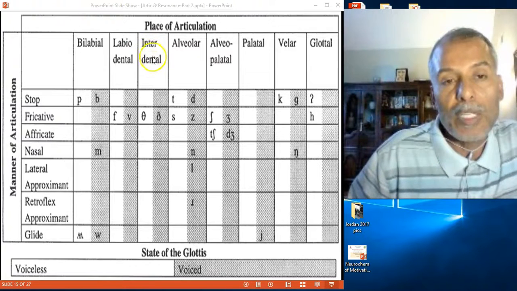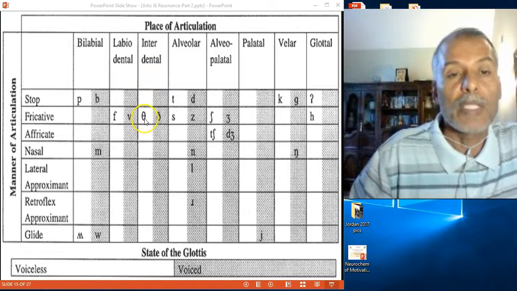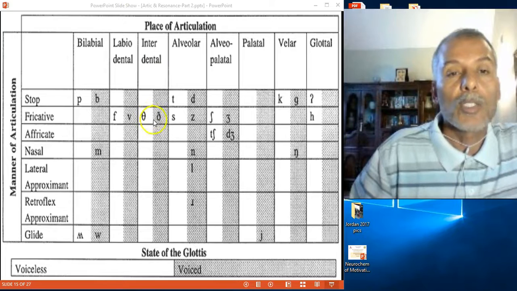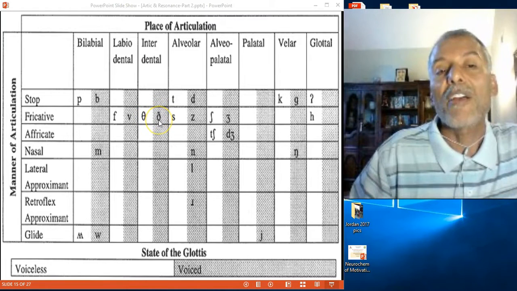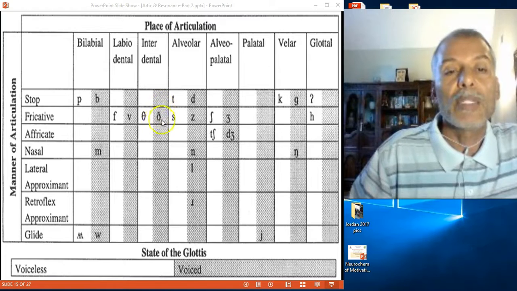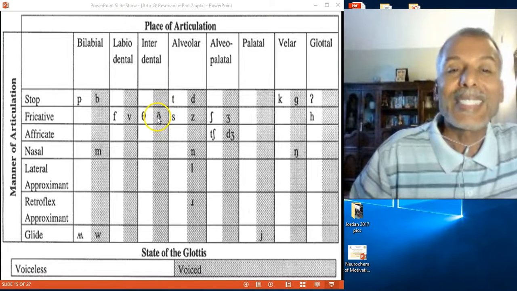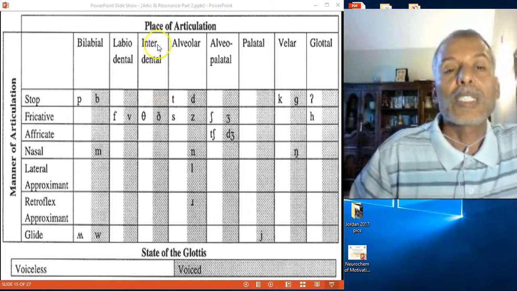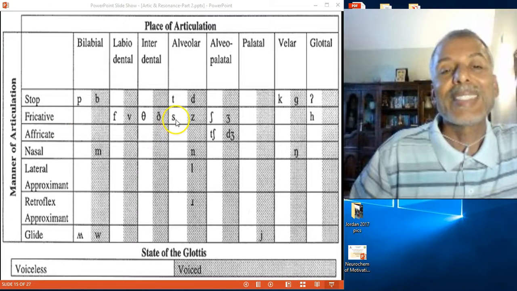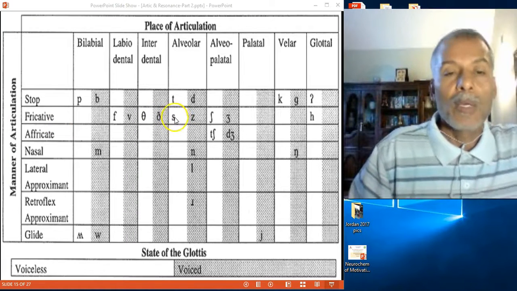So both of these are used to describe the same 2 sounds, and I'd like you to know in case you encounter a different name somewhere. And then the voiced th is the same, as in them, feather, father. That is voiced interdental, or voiced linguadental, fricative.